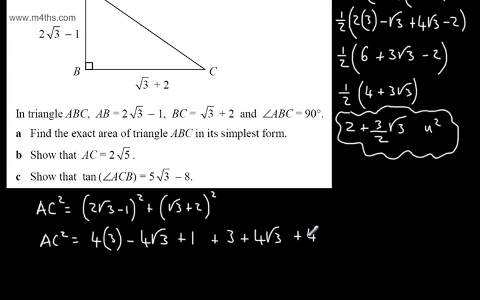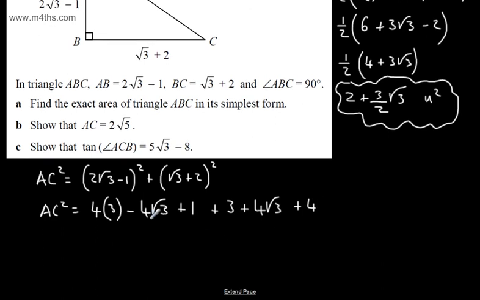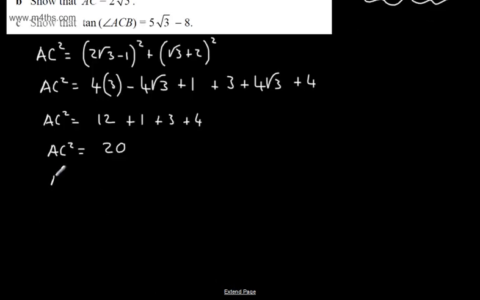If we look at this now, we can see quite conveniently the 4 root 3's cancel. So we've got AC squared will be 12 plus the 1 plus the 3 plus the 4. So AC squared is going to give us 20. I can now take the square root, and we've got the positive square root.